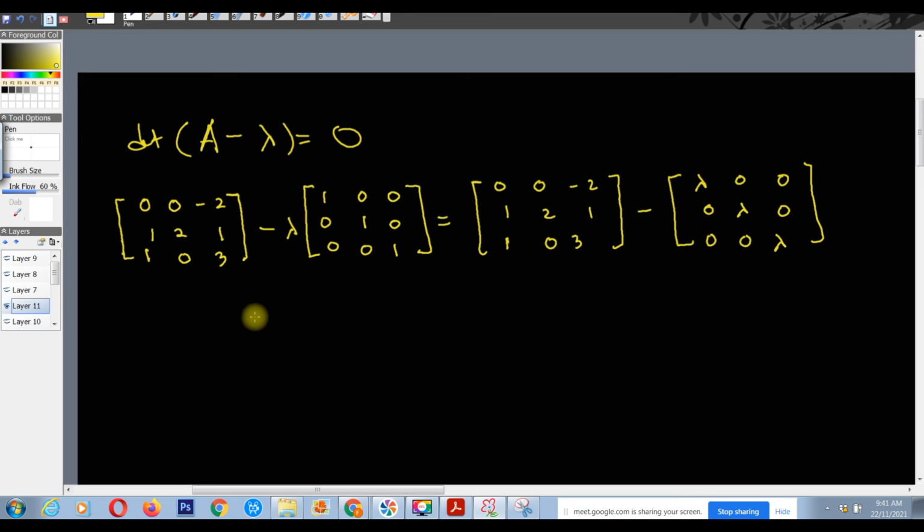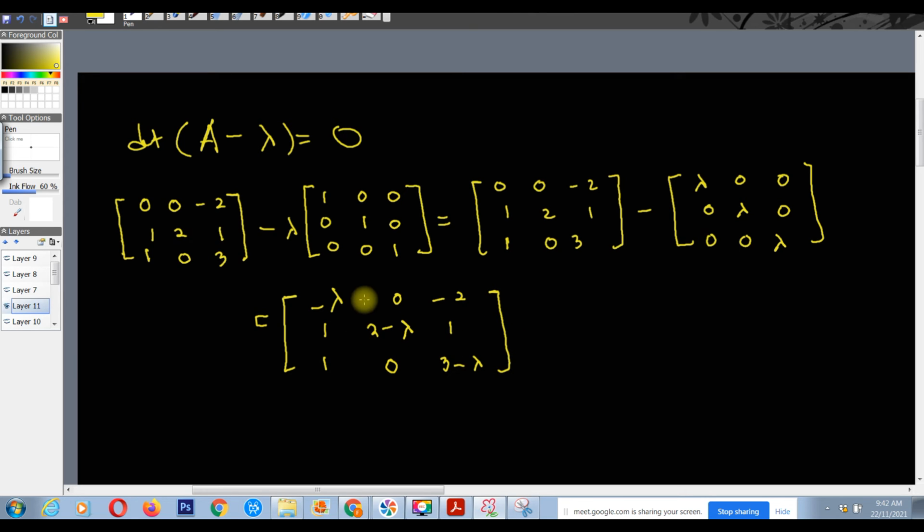So we will get minus lambda, 0, negative 2, 1, 2 minus lambda, 1, and then 1, 0, 3 minus lambda.